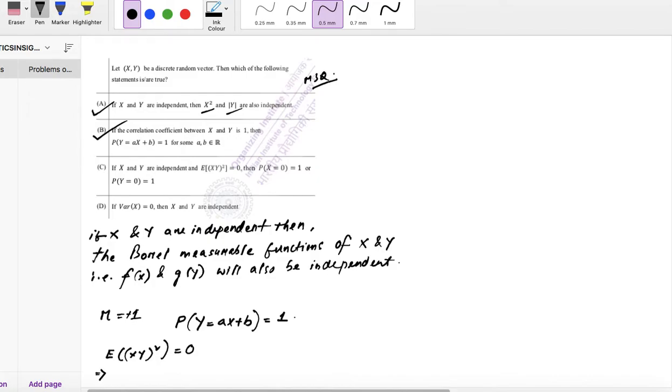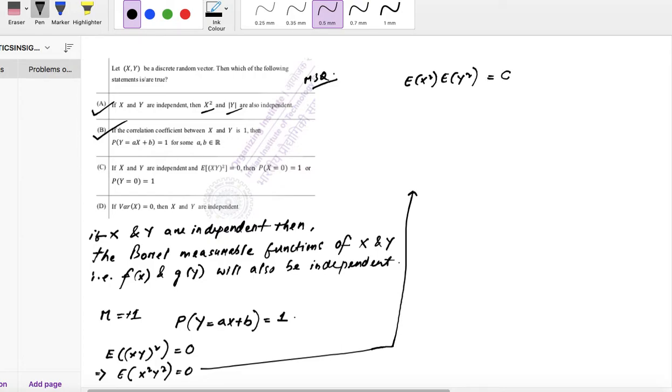This will imply expectation of x square y square is equal to 0. Since x and y are independent, x square and y square will also be independent. So expectation of x square times expectation of y square is equal to 0.